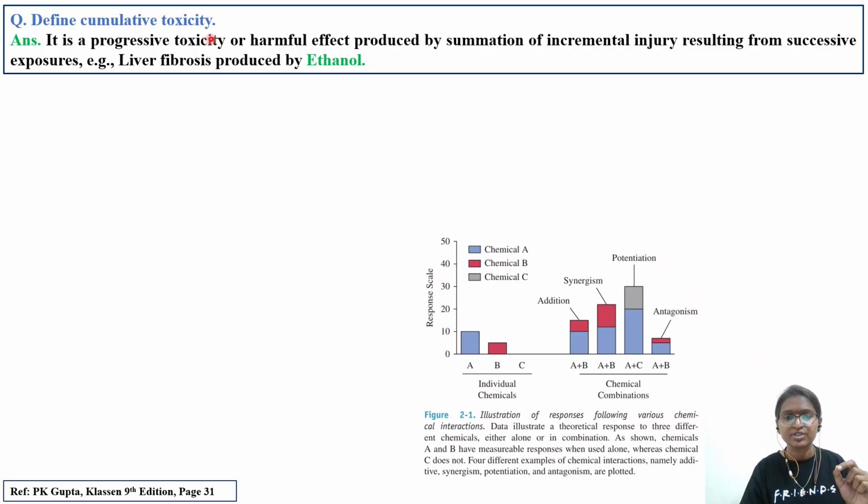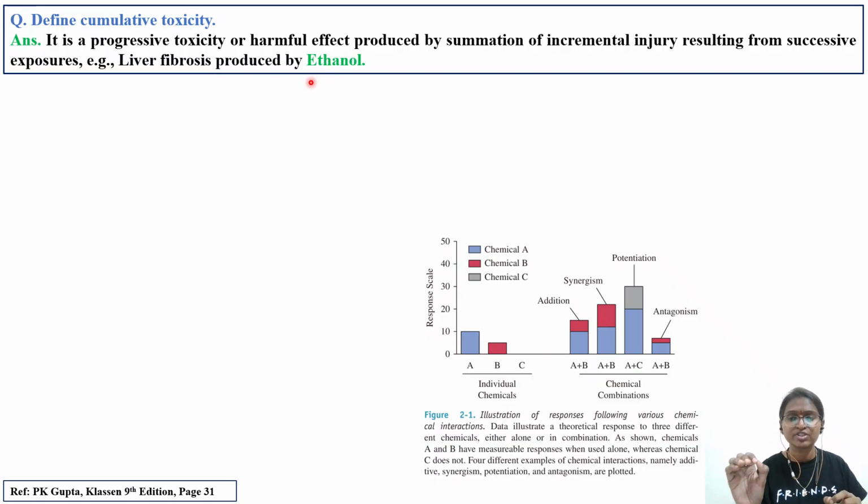Define cumulative toxicity. I have taken these things from Klaassen 9th edition, page number 31, and some of the references from the Indian author P.K. Gupta's textbook. Cumulative toxicity is a progressive toxicity or harmful effect produced by summation of incremental injury resulting from successive exposure. For example, liver fibrosis produced by ethanol.